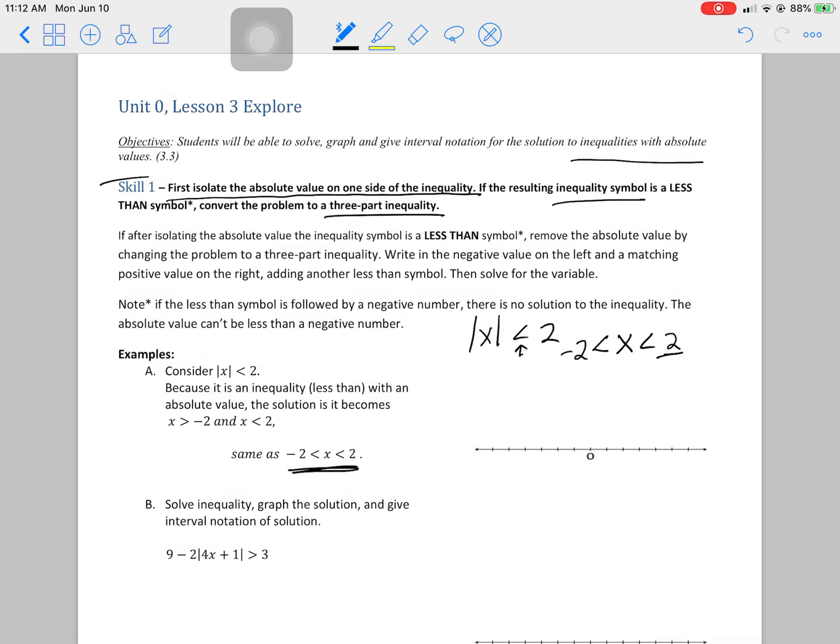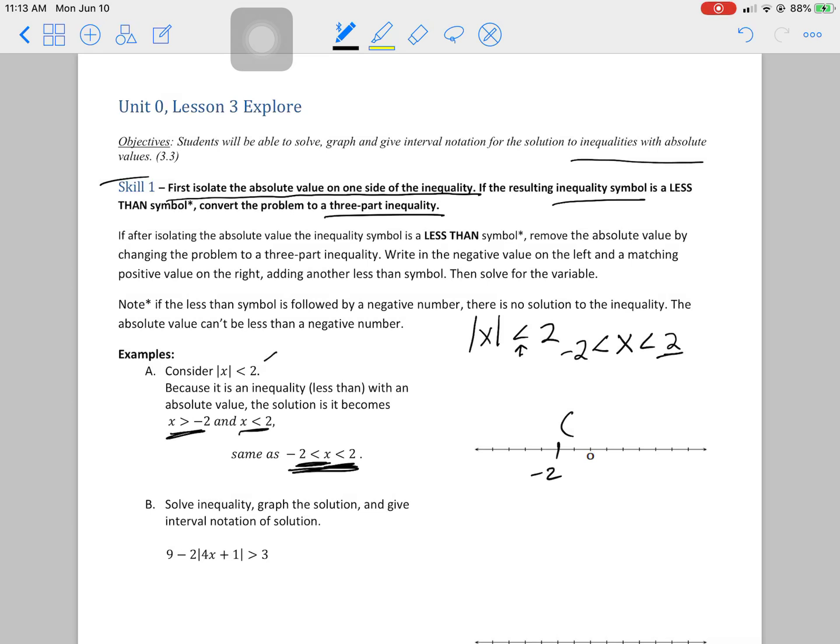Now, when you go to read this and I want to try to graph it, this is x is greater than a negative 2. So if I'm graphing it, it's greater than a negative 2, but not a negative 2 exactly, because it's got to be less than.